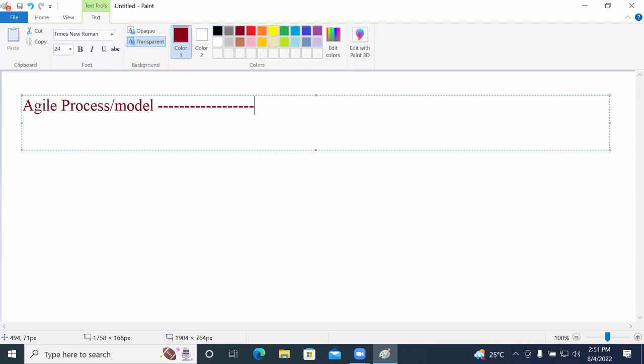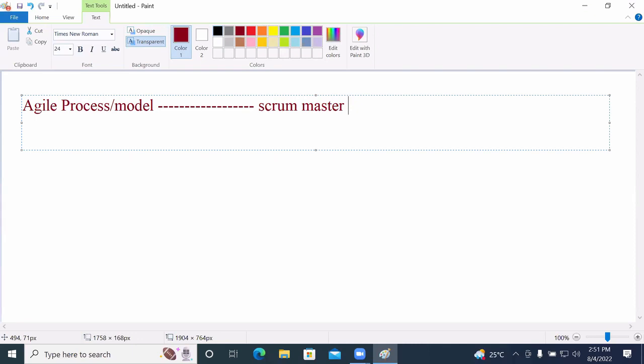What is it? Scrum Master. What is the terminology? Scrum Master. So while working with an Agile project, the Scrum Master will be playing a very important role in handling the whole Agile project and the whole Agile process here.